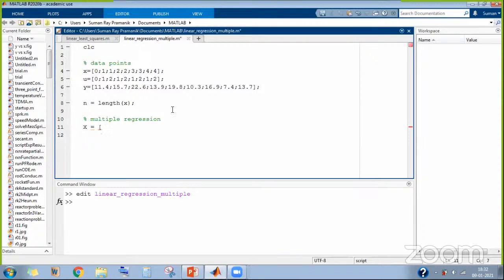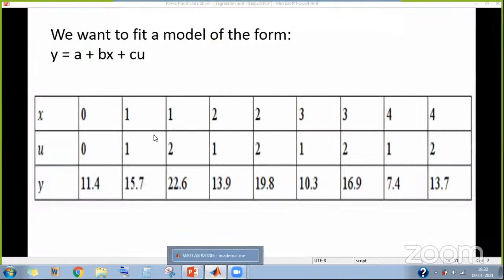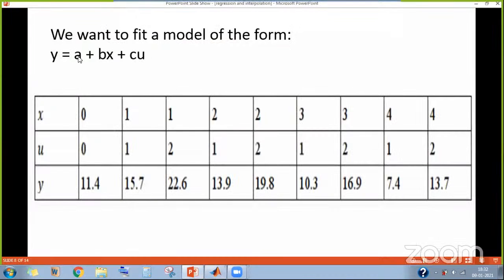Because we're trying to fit data that is A plus BX plus CU, the coefficient with A is 1, the coefficient with B is X, and the coefficient with C is U. So the first column will have ones, 9 times, and it will be a 9 cross 3 matrix. The second column will have all the values of X in order, and the third column will have the values of U in order.